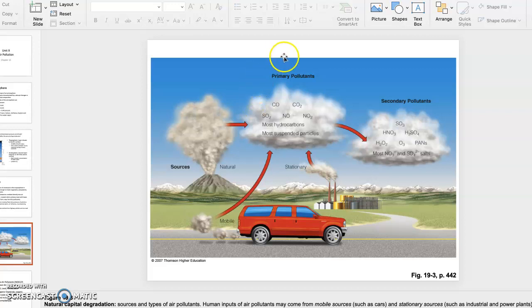And it shows you the primary here, secondary here. Remember, primary comes from a stationary source, while secondary reacts with a component in the atmosphere and creates harmful pollutants. Turning the page.